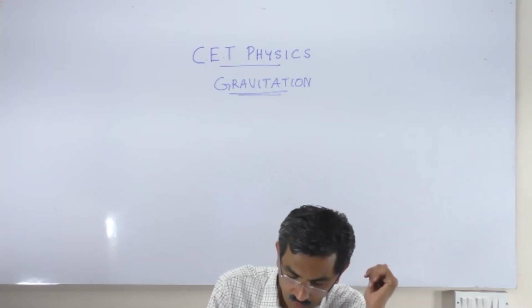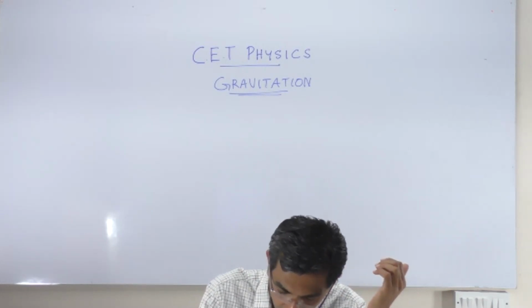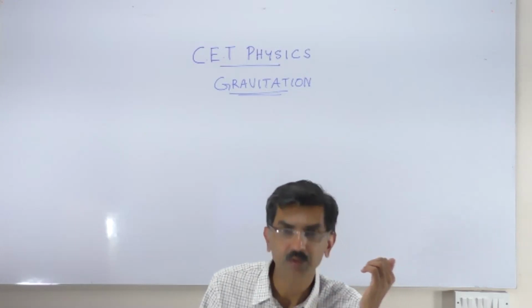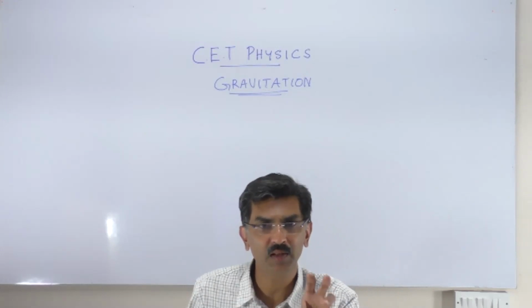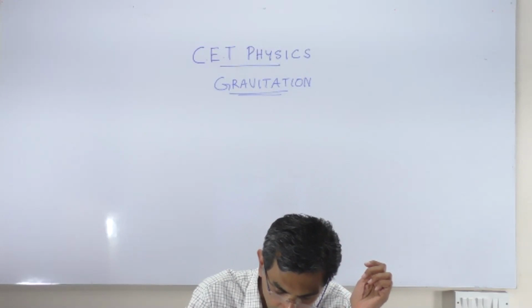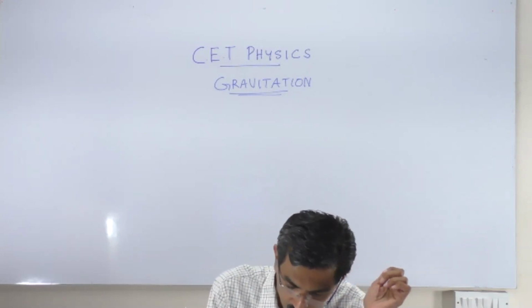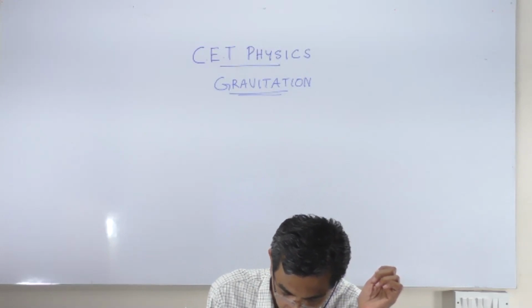Now anybody who is there experiences, of course, a force of gravity that is exerted because of Earth, and we call that weight. But anybody who is inside the satellite will also experience a force because of the inertia. And what is that force called? That force is called inertial force.